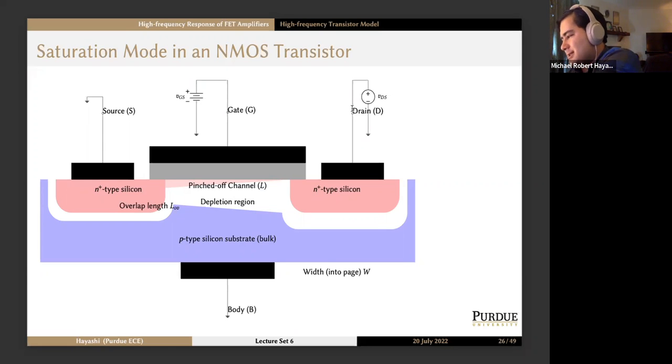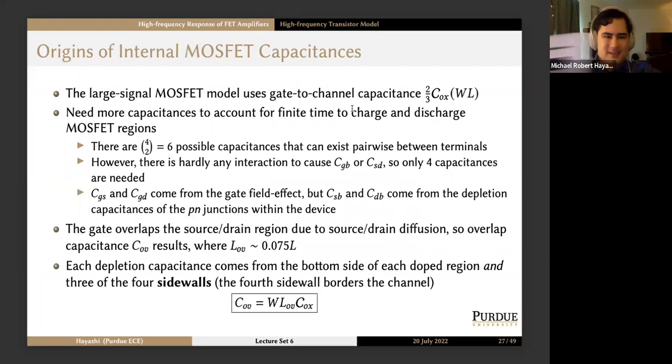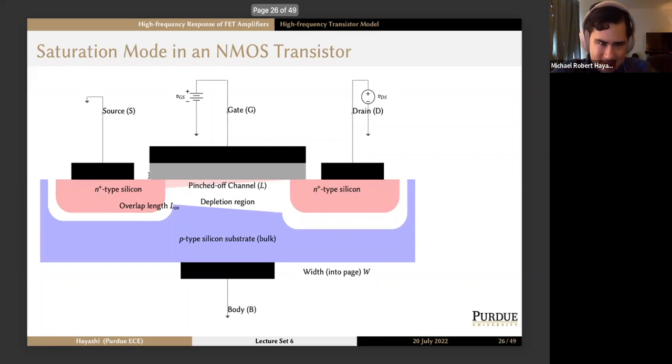So let's use this diagram to make some arguments about the origins of MOSFET capacitances. So the large signal MOSFET model used the gate channel capacitance, 2/3 Cox W times L. Remember, Cox is the capacitance caused by the separation of charge at the gate, and that wants to well up under the oxide layer of the channel.